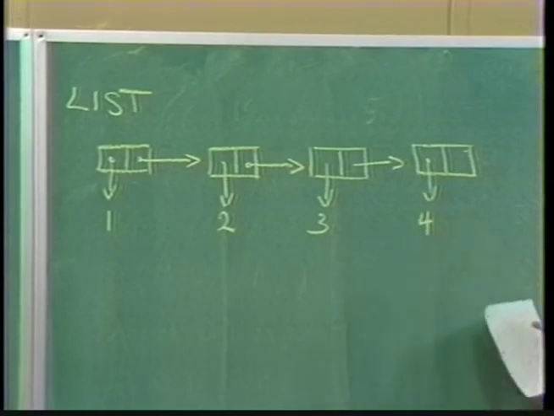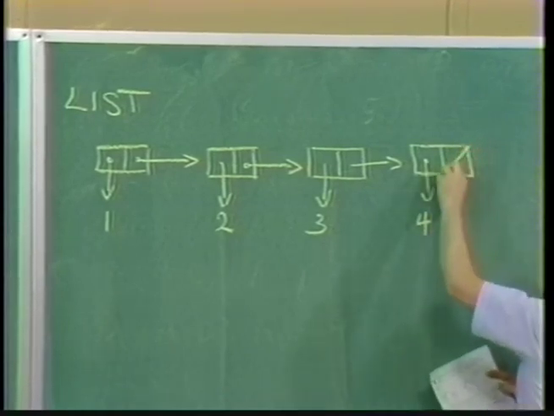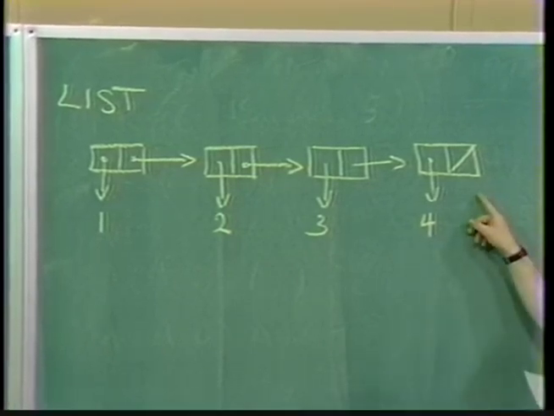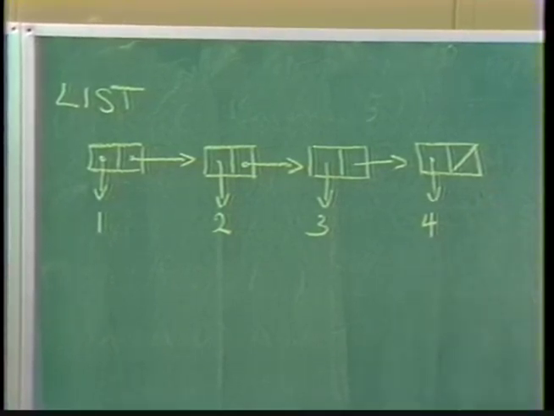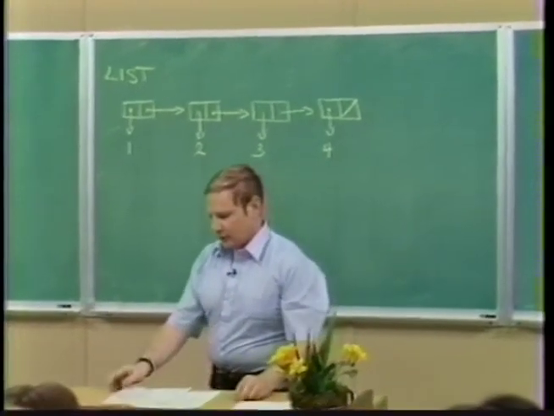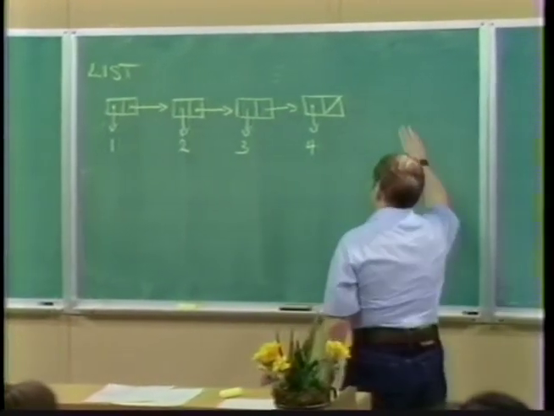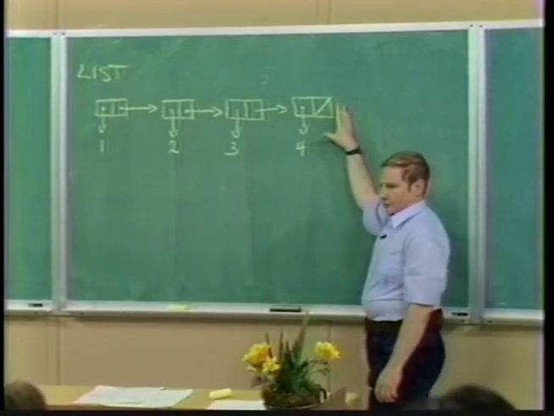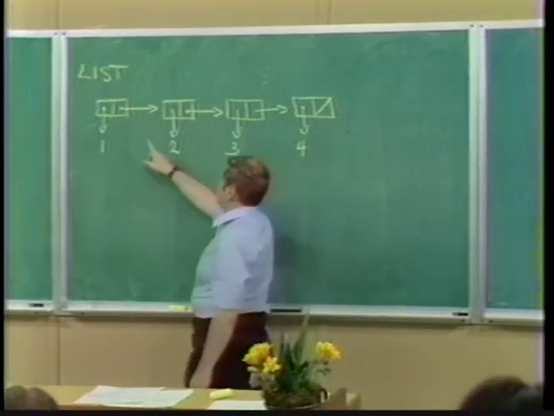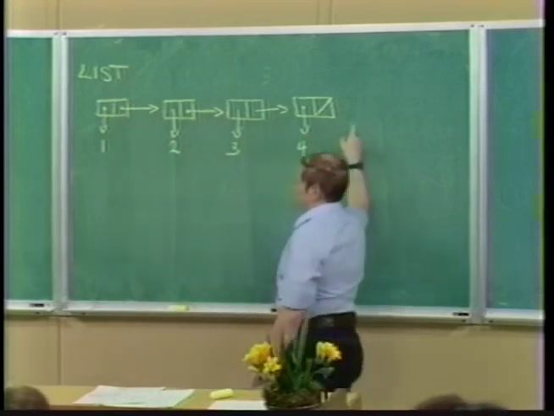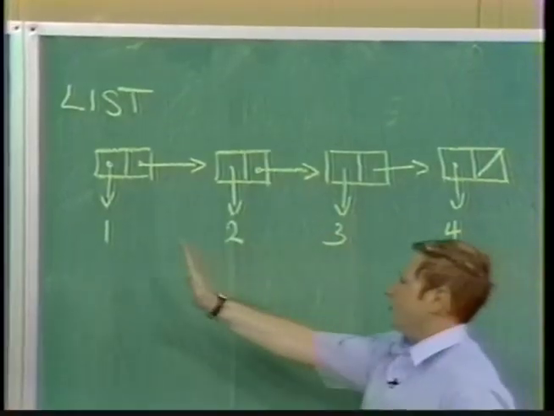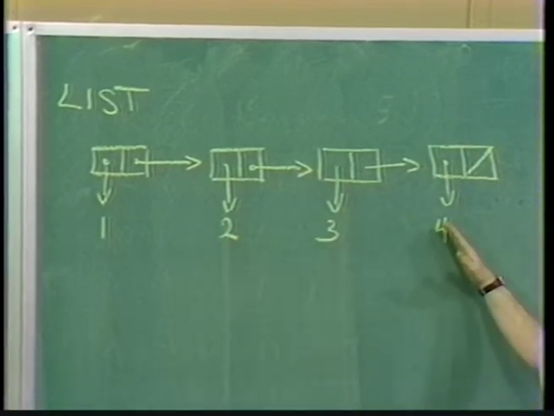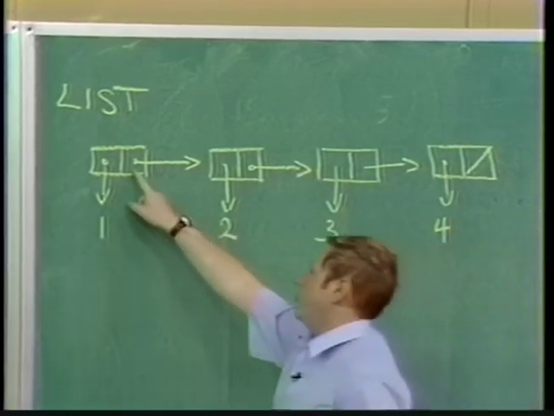And now there are no more, so I put a special marker that means there's nothing more in the list. Okay, so that's a conventional way to glue things together if you want to represent a sequence. What it is is a bunch of pairs. The successive cars of each pair are the items that you want to glue together, and the cdr pointer points to the next pair.